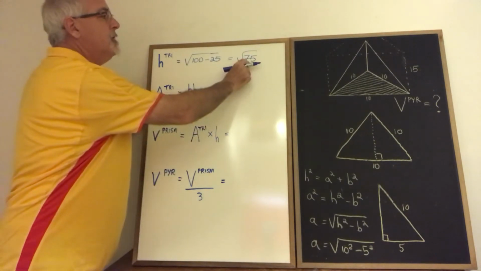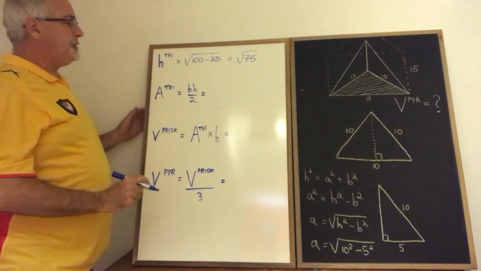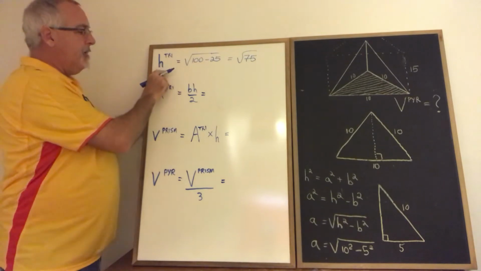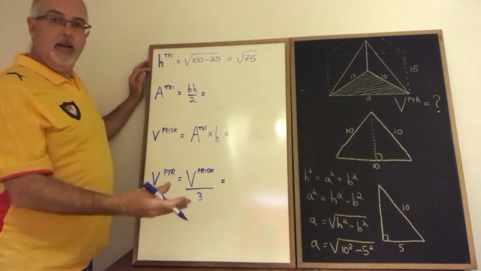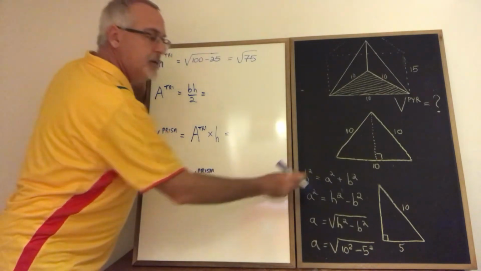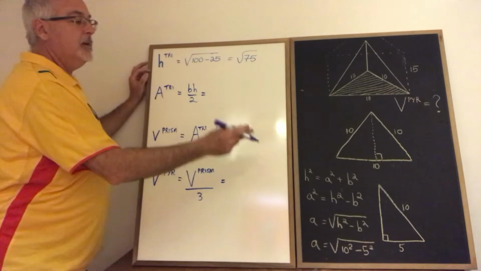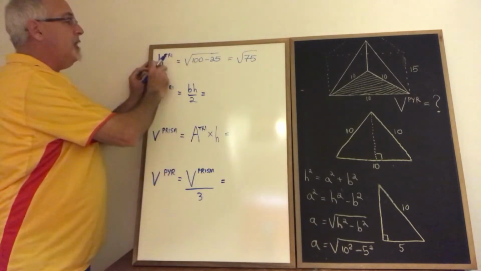So I'm just going to use root 75 as the height of the triangle. That height of the triangle is the second use of the letter h in this problem. It's not the same as the hypotenuse of this triangle that we used in Pythagoras' theorem to find the height of the triangle.